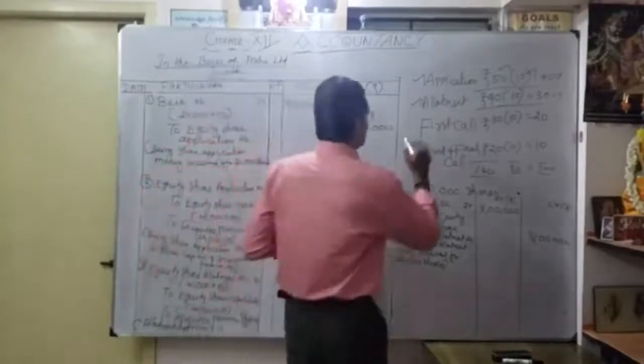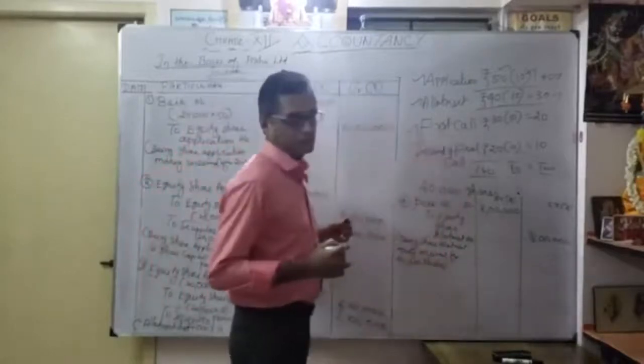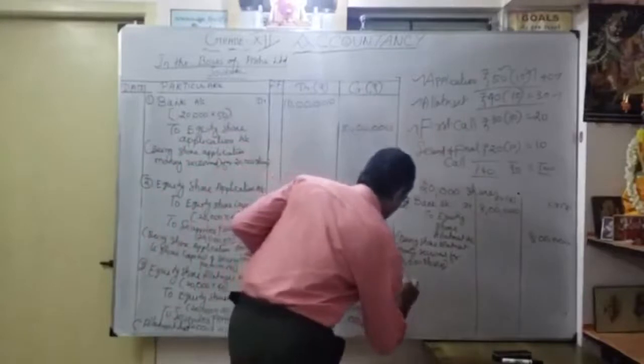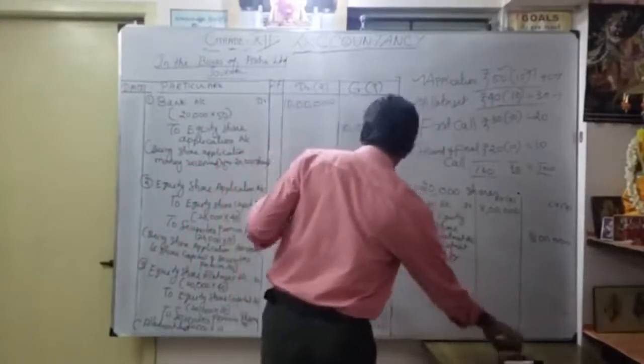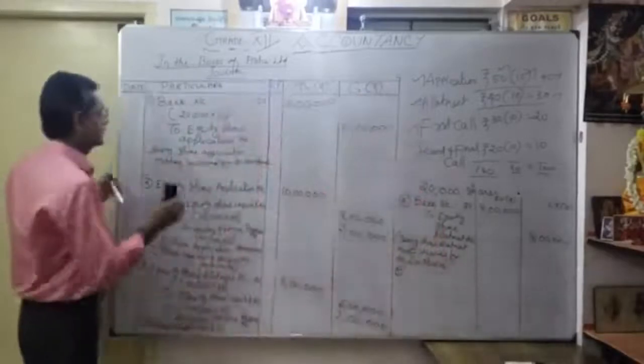Now what is the next entry? What's the next one? Now we are going for the first call. Okay. Same manner. So fifth one I will write it here. This you understood, na? Here I will change it one by one. Okay.